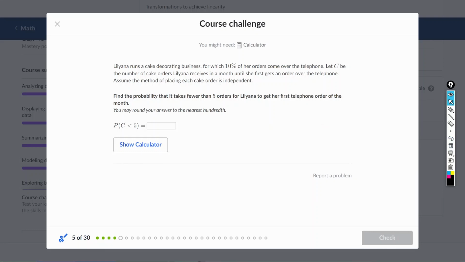好，L runs a cake decorating business for which 10% of her orders come over the telephone. Let C be the number of cake orders L receives in a month until she first gets an order over the telephone.